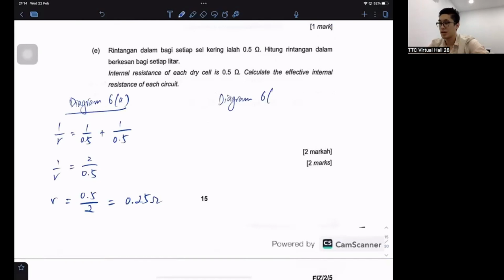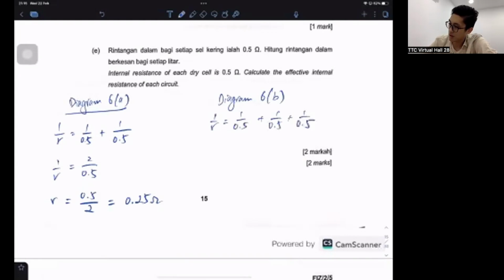Okay, for diagram 6B, it is 1 over r, because you got 3 now, 1 over r equals to 1 over 0.5 plus 1 over 0.5 plus 1 over 0.5. 1 over r is equals to 3 over 0.5.